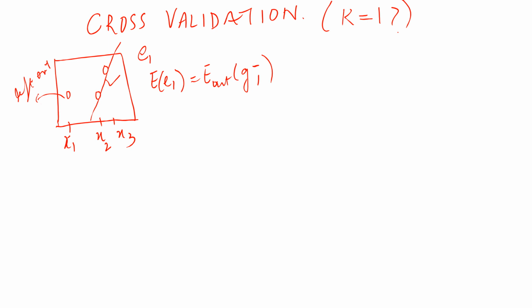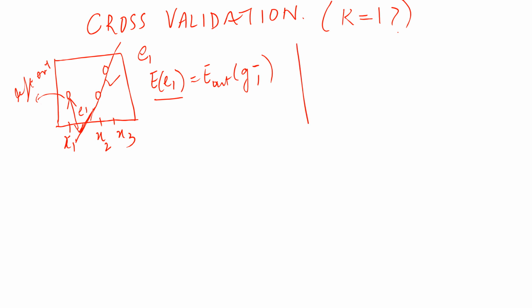In terms of the picture, this validation error would be the difference here. Let's say this is my E1, because this is the point that I left out, and so this is my validation point. That's how I calculate this E1. Most likely this is going to be wild because the error bar is going to be huge. But that's fine.